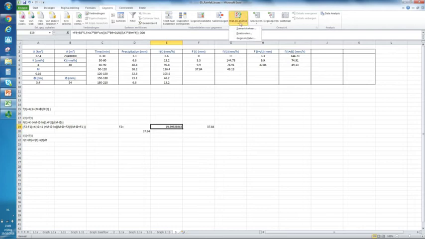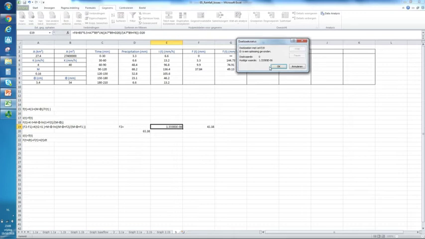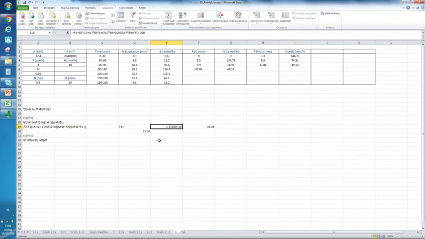We want this E19 to be 0 by changing this formula, and we get to a value that is very small, so that's good. We get to 61.38. Let's look here. We do the same formula, and that's indeed correct.